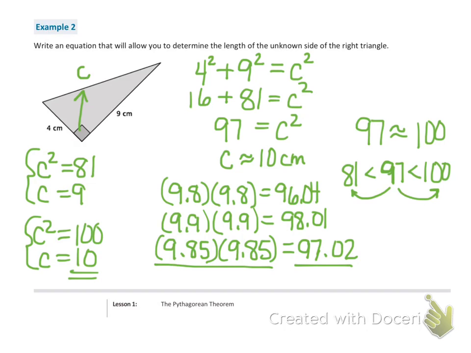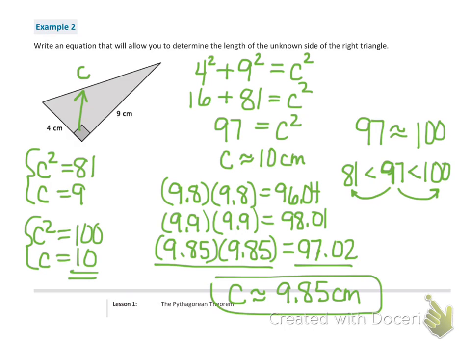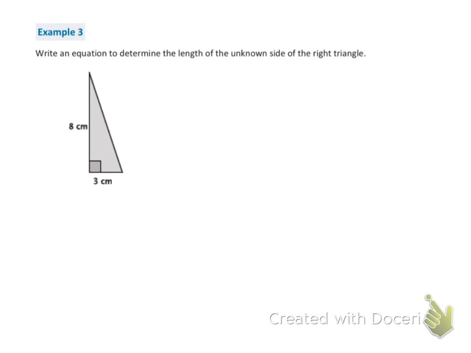So now I could give a more refined answer, and I can say C is approximately 9.85 centimeters. Okay, and that's an even better estimate than what we had before of approximately 10. So it just depends on how close I need to get, how far I would go in this estimating procedure here.